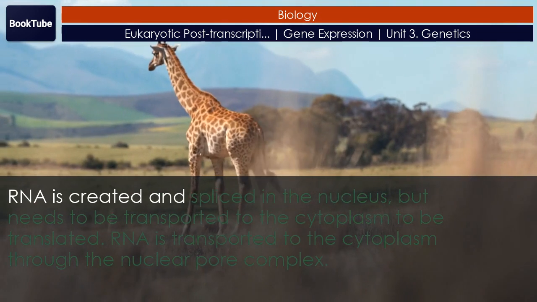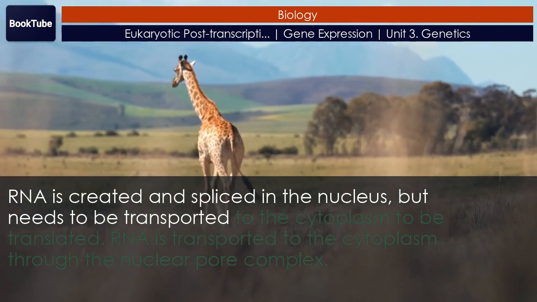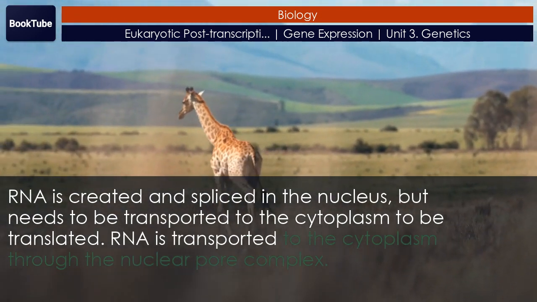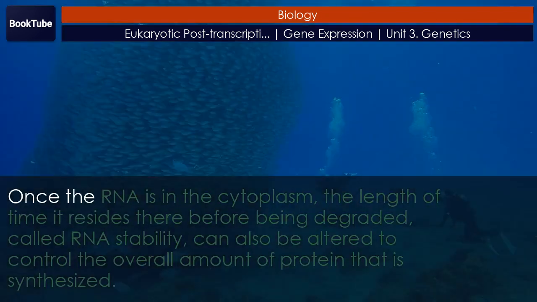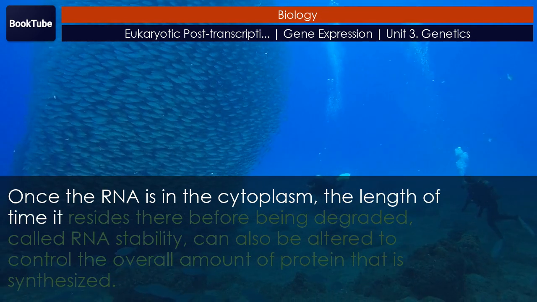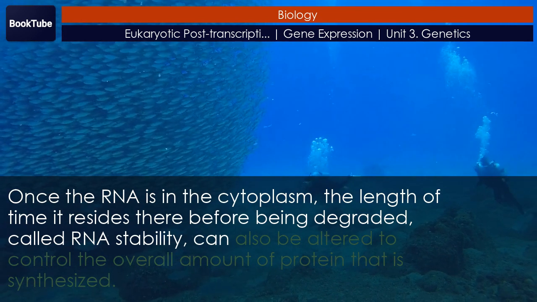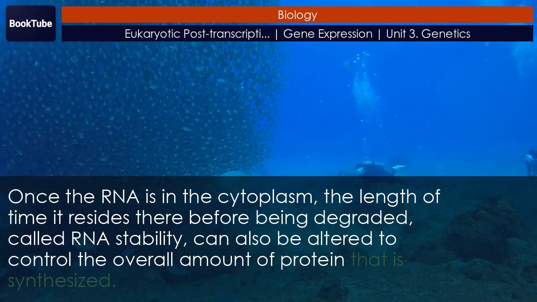RNA is created and spliced in the nucleus, but needs to be transported to the cytoplasm to be translated. RNA is transported to the cytoplasm through the nuclear pore complex. Once the RNA is in the cytoplasm, the length of time it resides there before being degraded, called RNA stability, can also be altered to control the overall amount of protein that is synthesized.